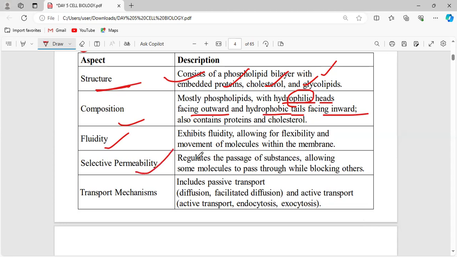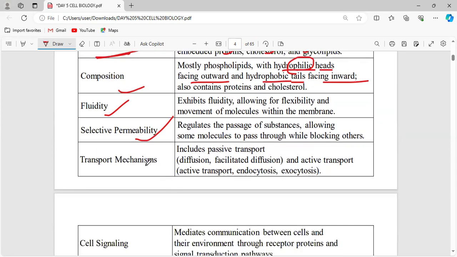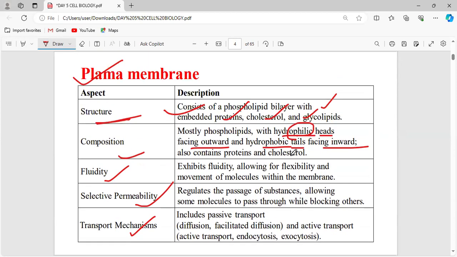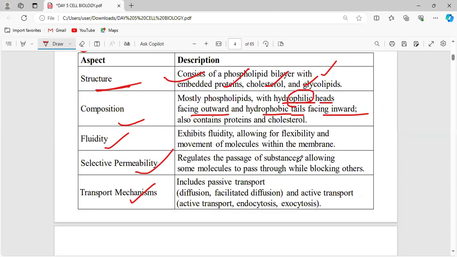We know that it is a selectively permeable membrane, and also we have transport mechanisms. In the plasma membrane we have different transporters and different receptors, because one cell has to communicate with the other cell only by means of this plasma membrane. So all the important cell communication, cell signaling, and important proteins will be present in the plasma membrane. Passive transport and active transport both happen.